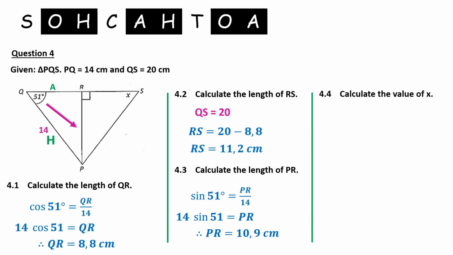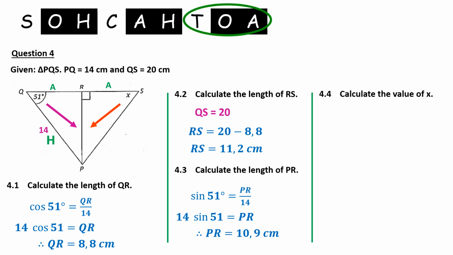Let's look at one final question, and that is to calculate the value of x. Now, to calculate x, we're moving into our triangle on the right-hand side, beg your pardon. But what do I know about that triangle? Well, we have calculated RP, which is the opposite side, or PR, and I've calculated RS, which is the adjacent side. So I've got the opposite side and the adjacent side.